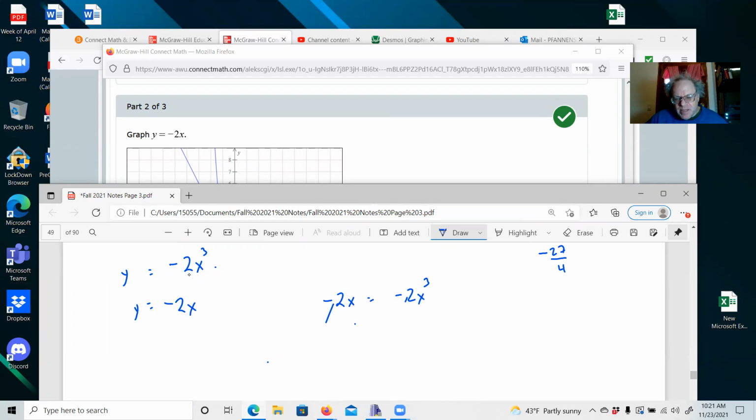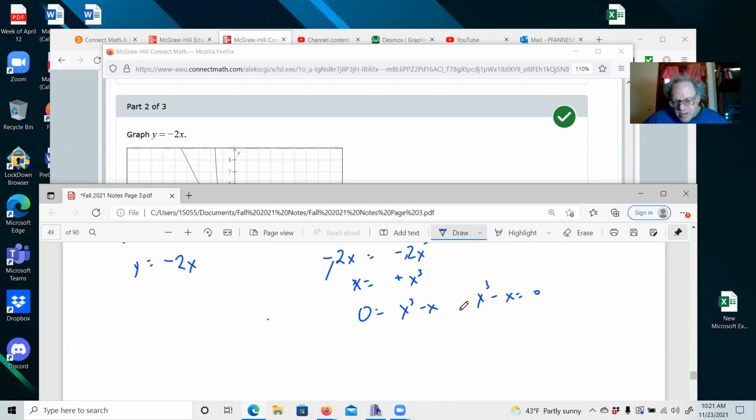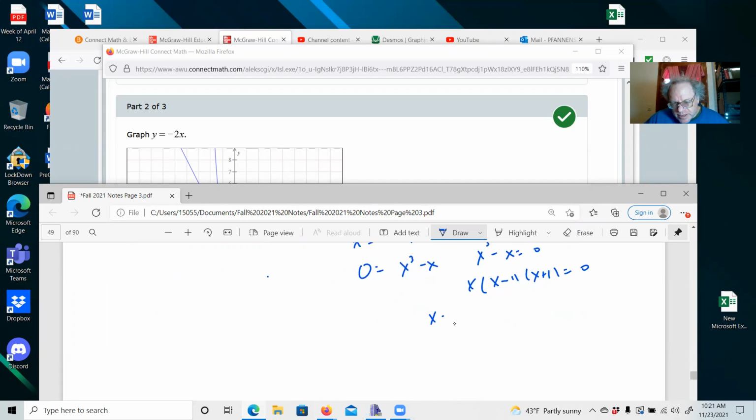So we have x equals plus x cubed. So 0 is equal to x cubed minus x. Let's go ahead and factor out an x. We have x times x minus 1 times x plus 1 equal to 0. So x equals 0, x equals 1, x equals negative 1.